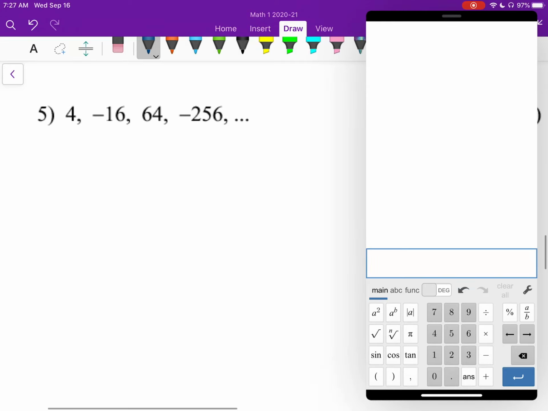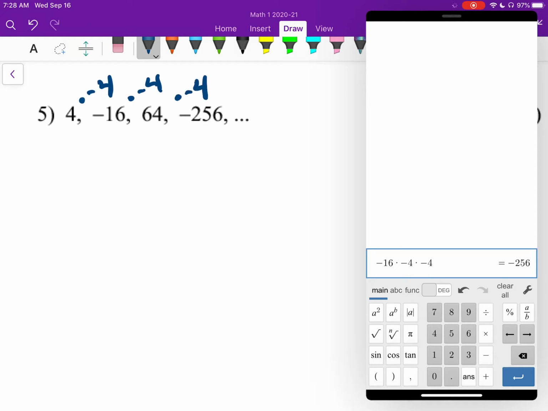Number 5. 4 times negative 4 is negative 16. Let's take negative 16 times negative 4. That gives me 64. We'll check it again to make sure they all work.